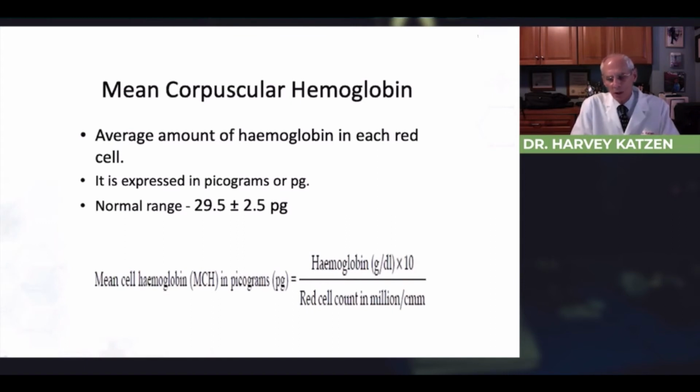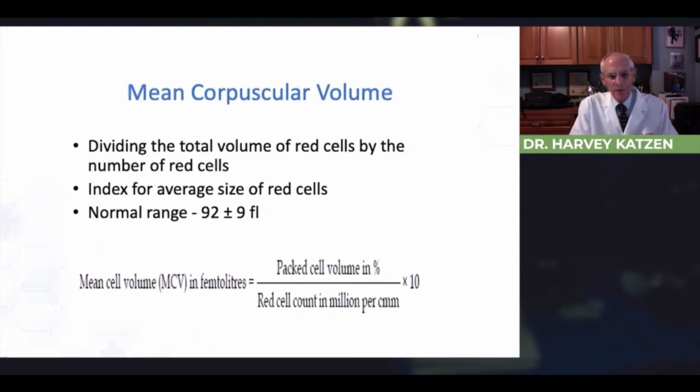It's one of those numbers that appears on every complete blood count slip. And we're going to show some pictures of that in a moment. And that is the mean corpuscular hemoglobin. In a sense, how deeply red is that cell? And then the other one that we mentioned, the MCV, or mean corpuscular volume, is really the size of the cell.